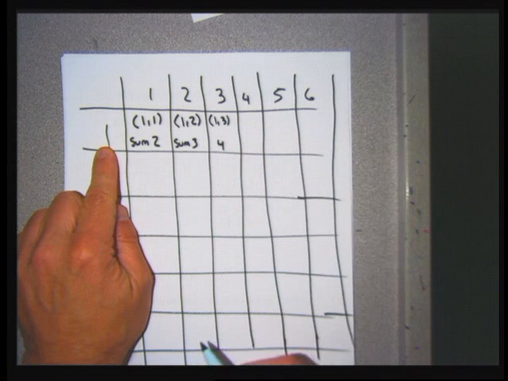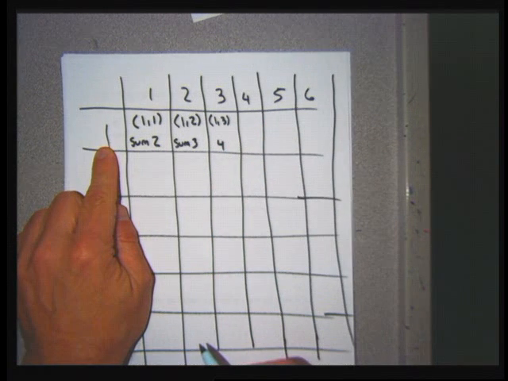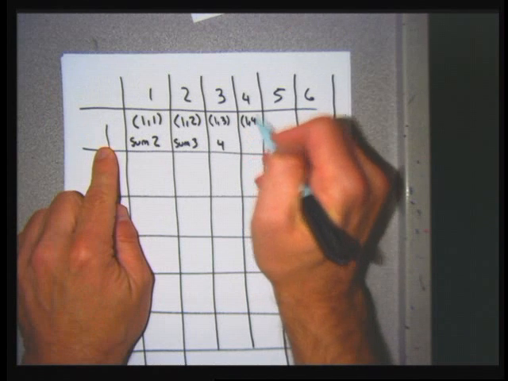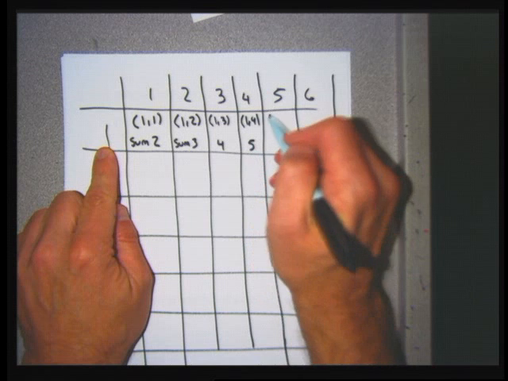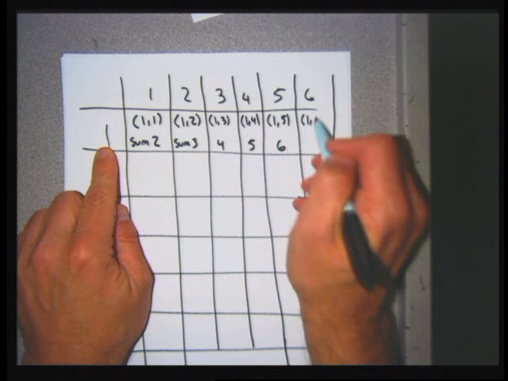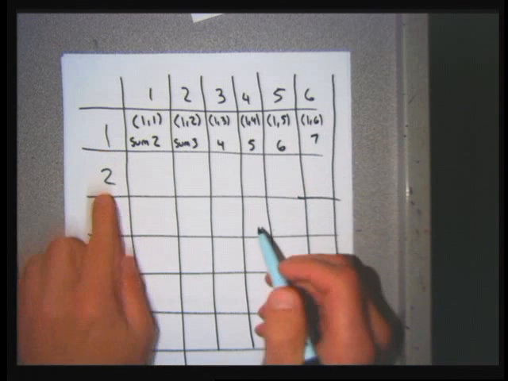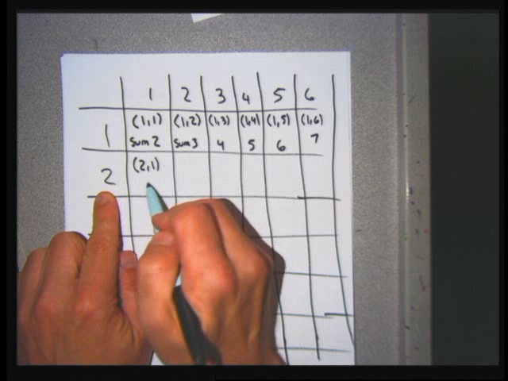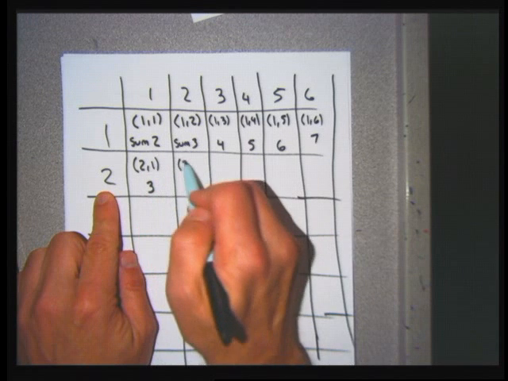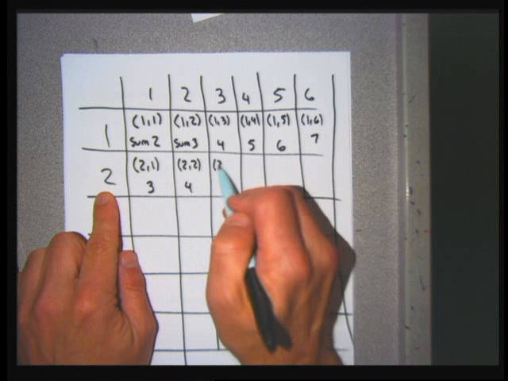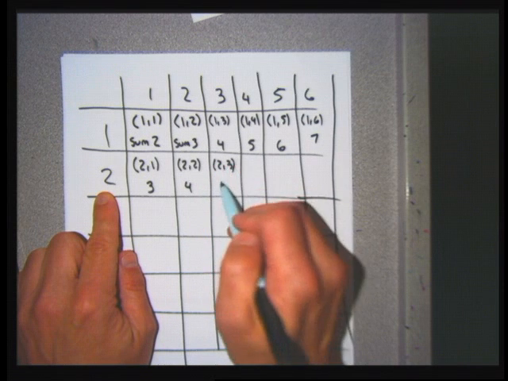I'm just going to write the number instead of the word sum, otherwise I'll run out of room because I made some skinny boxes. And then 1 and 4 has a sum of 5, a 1 and a 5 has a sum of 6, a 1 and a 6 has a sum of 7, and then I'll go down here, a 2 then a 1, add 2 plus 1 and get 3, a 2 then a 2, add 2 plus 2 and get 4. So this is exactly the sample space we used in the last section.